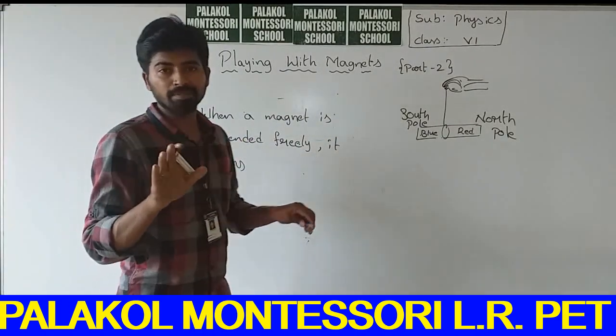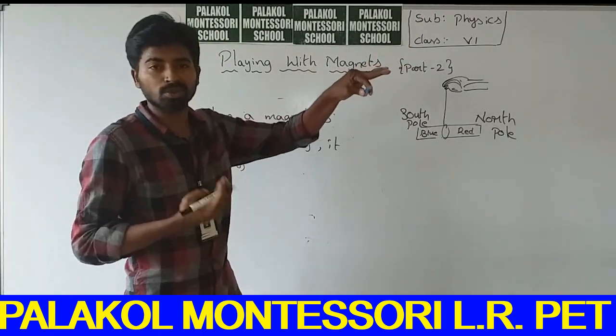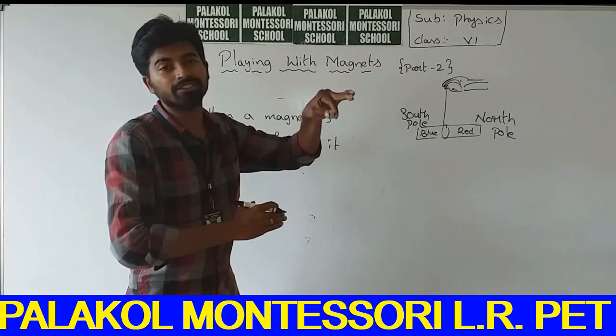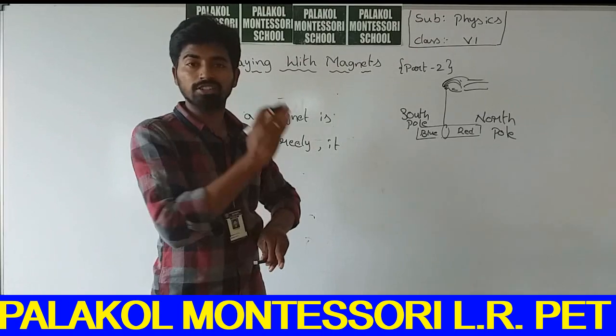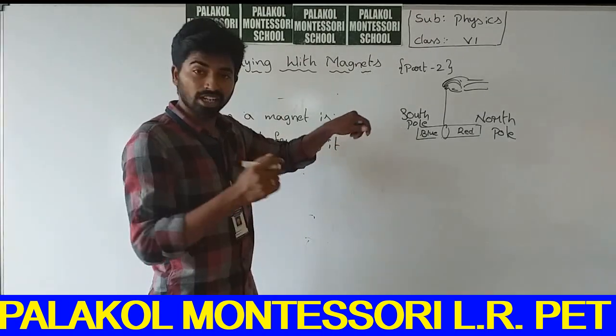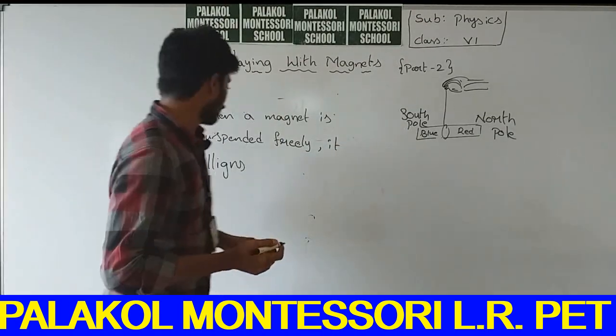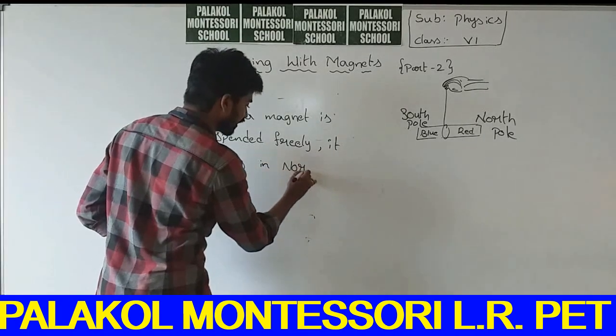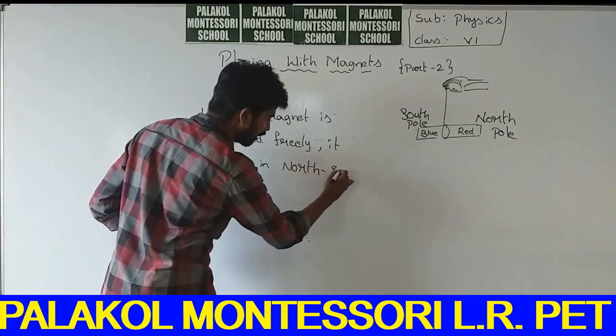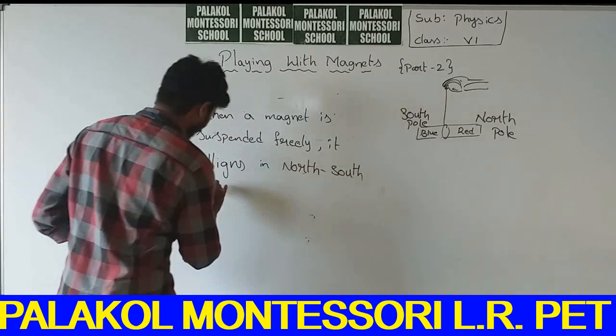I am not arranging the magnet, I just suspended it, but it aligns itself. Aligns means it is arranging in the north-south direction itself. So it aligns in the north-south direction.